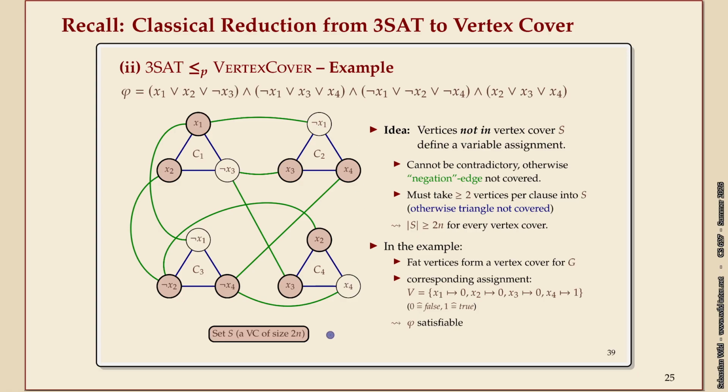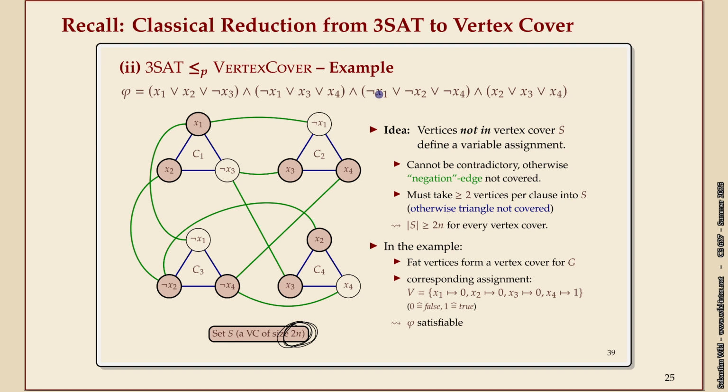You don't need to dig through the details for making sense of what follows. The thing is that here, the parameter that we generate is 2n. We need a vertex cover that's linear in the size of the formula.